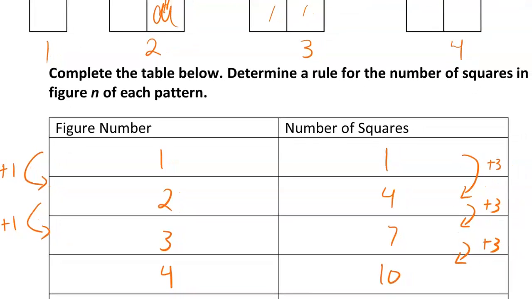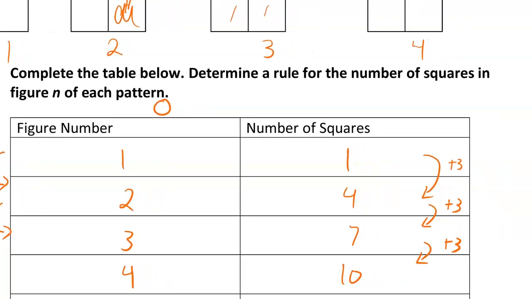Another thing that's going to help us out to determine our figure number is if we look at what figure 0 would be. So if we had a graph, this would be where it's crossing over the y-axis. If our x is 0, it's where it's meeting that y-axis and would be crossing over.